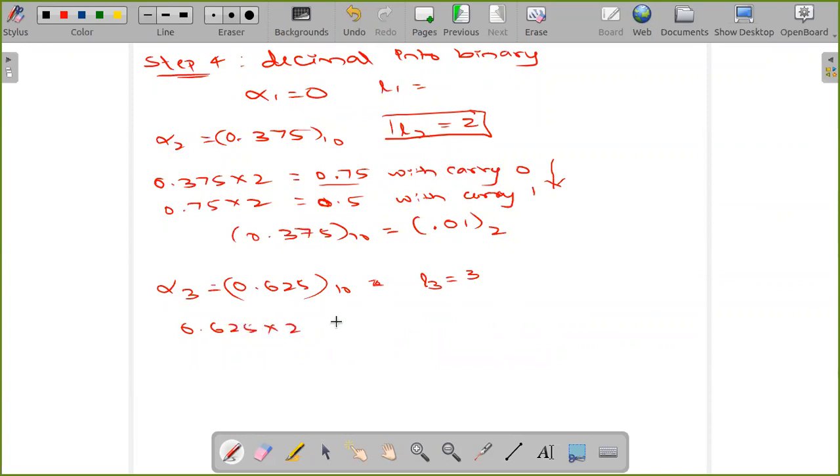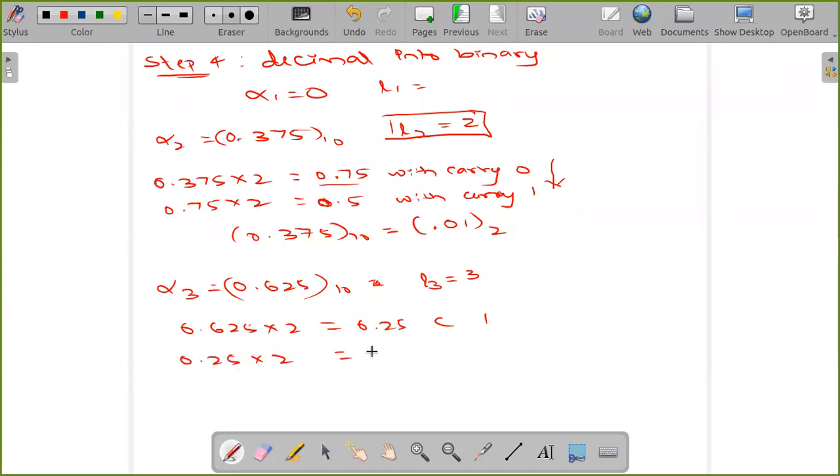0.625 into 2. What is the value of 0.625 into 2? 1.25. So 1.25 means 1 will be the carry, and 0.25 is taken here. As I said, whatever comes before the decimal point indicates the carry. So 1 has been taken as carry, and the remaining portion is carried here. Again you expand this: convert 0.25 into 2.